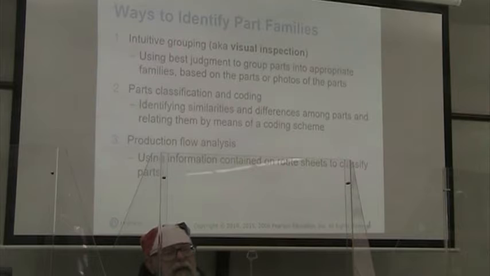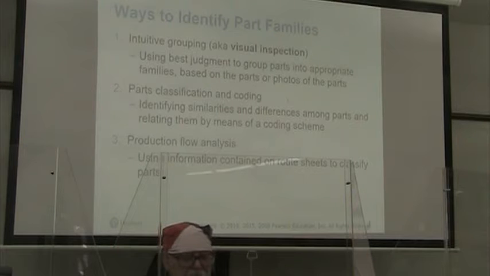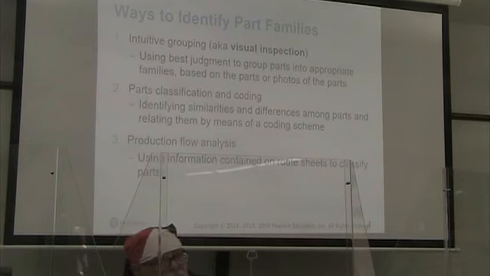All right, the second is a parts classification and coding scheme. In industry, it is quite common to have some kind of a code attached to every part. That part of the code tells you about its characteristics.